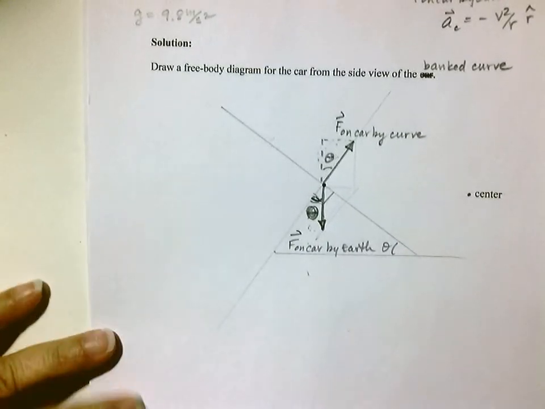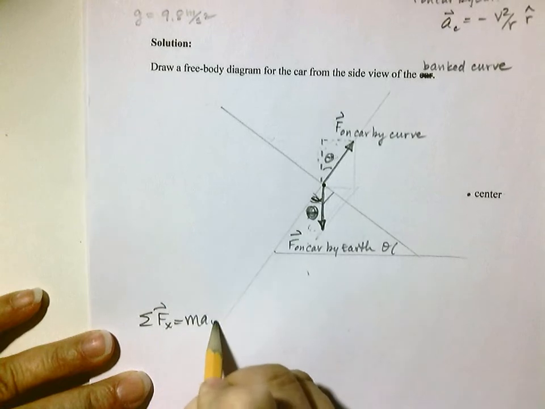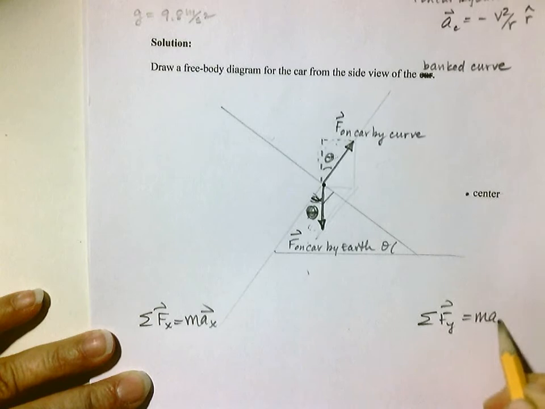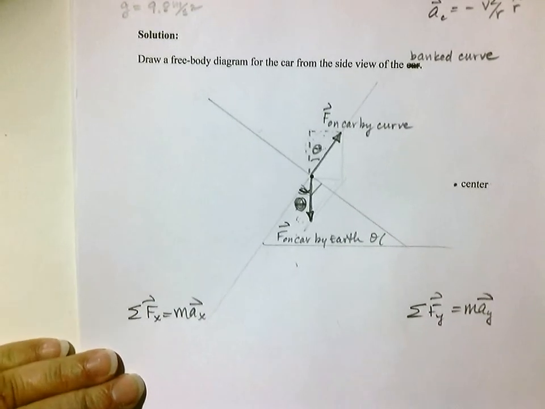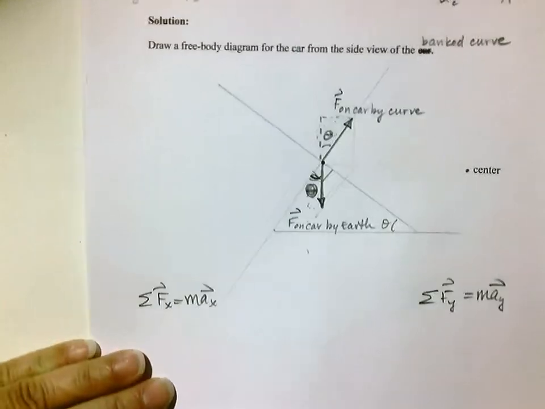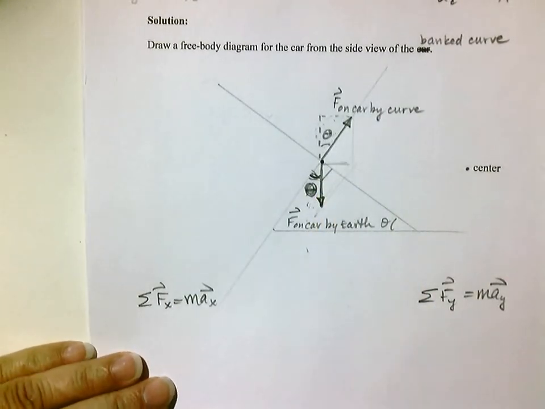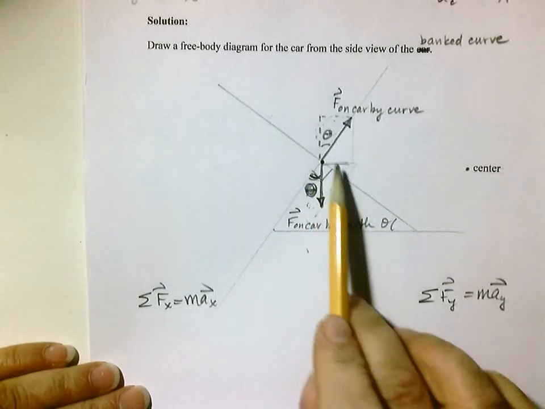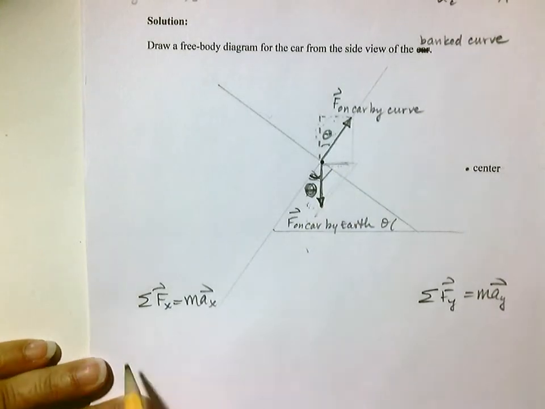So now let's go ahead and write this out. We have the sum of the forces in x is equal to m a_x, and the sum of the forces in y is equal to m a_y. Let's do the x direction, because that's really what I need. I need to know what the angle is, sure, but because this is going to be equal to the center-seeking force, I want to start there.